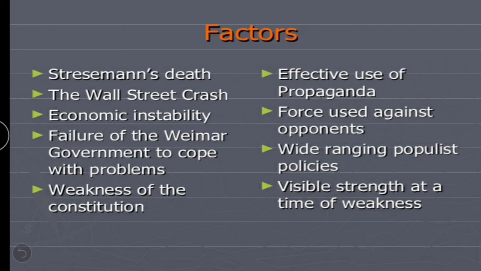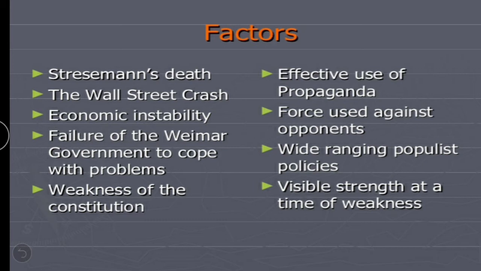Now, what were the factors that took him to total power, that made him the supreme power? Stresemann's death, the Wall Street crash, economic instability, failure of the Weimar government to cope with problems, weakness of the constitution, effective use of propaganda, force used against opponents, wide-ranging populist policies, visible strength at a time of weakness.